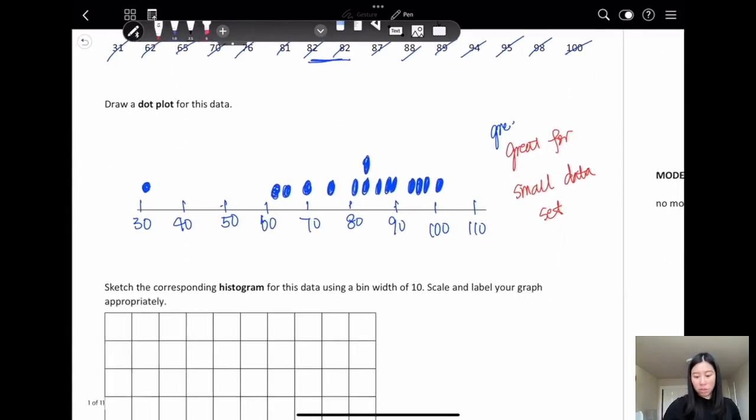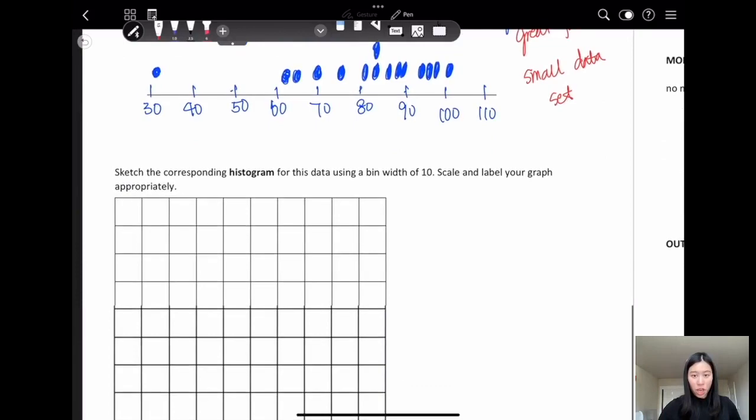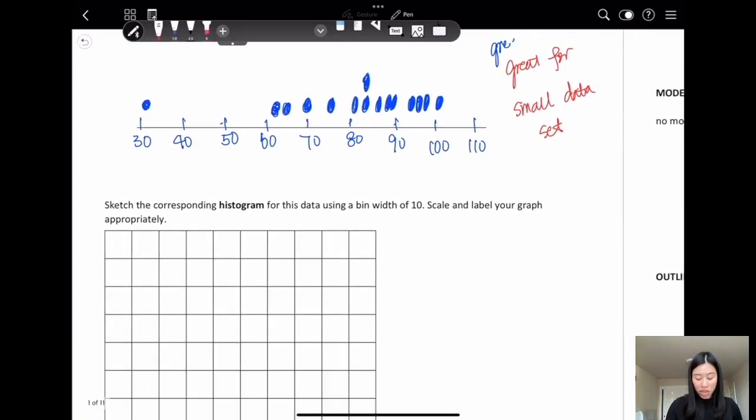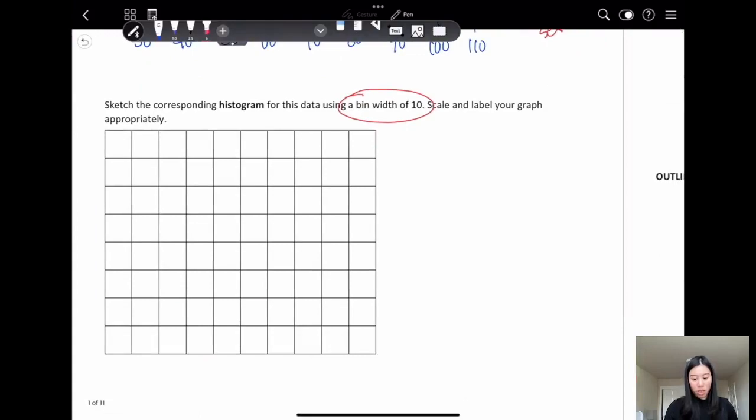So now let's use the same set of data and try to sketch the corresponding histogram using a bin width of 10. This is really important because they tell you that they want a bin width of 10. Scale and label the graph appropriately. Consider this the coordinate plane, always starting with the origin 0. Since our smallest data is 31, our next tick should be 30. The bin width should be 10 units.